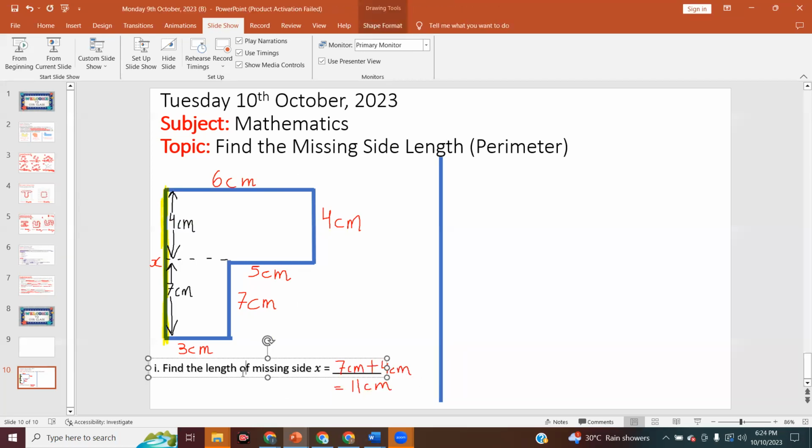So the next question says we need to find the length of the missing side. Let's do another one. So let's say we have this, and then we have this.